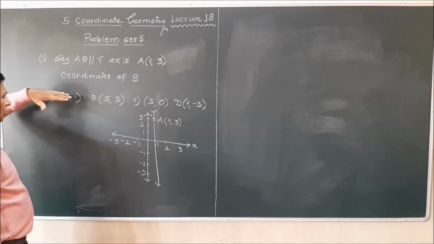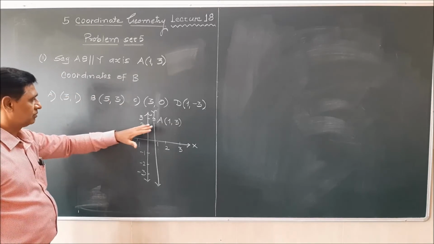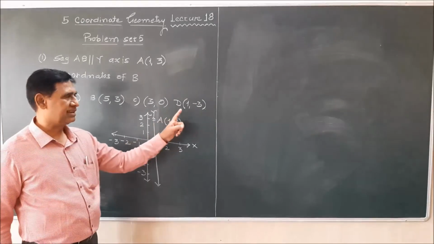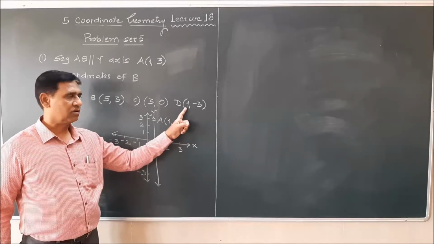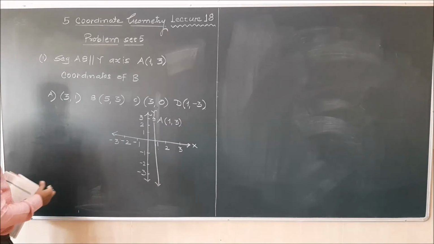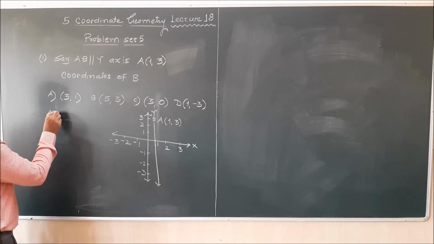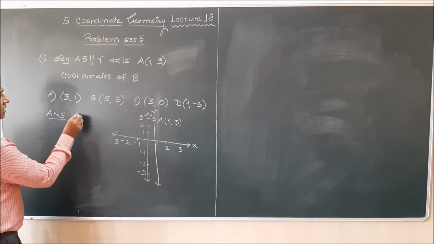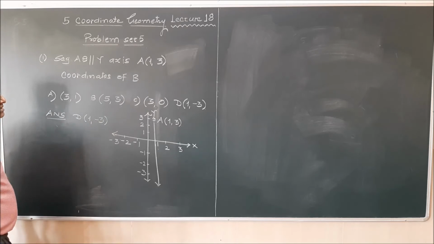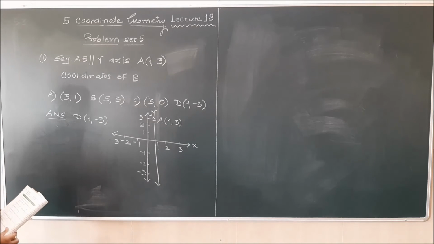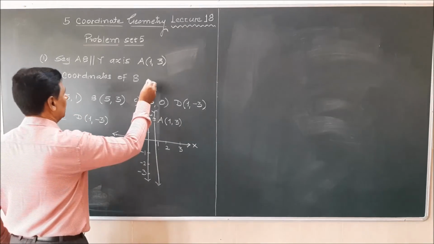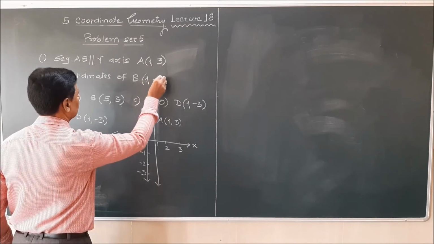All these three options are not applicable for this line. Only one option is left, where the x-coordinate is 1. So this is our option D. The answer is D (1, -3). This is how you find the possible coordinates of B, that is (1, -3).